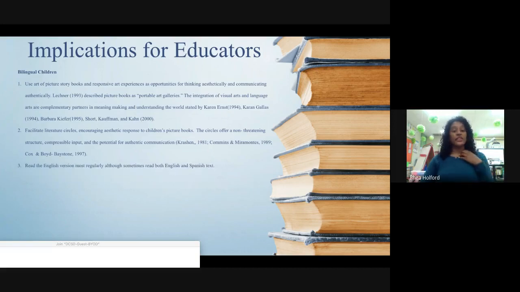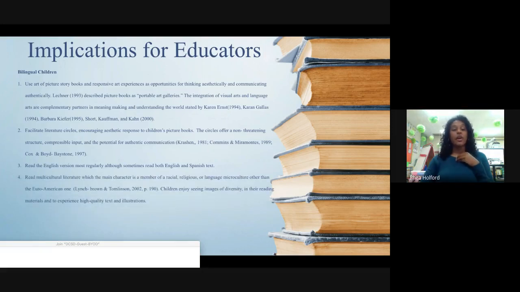Read the English version most regularly, although sometimes read both English and Spanish texts. Read multicultural literature, in which the main character is a member of a racial, religious, or language microculture other than the Euro-American one.